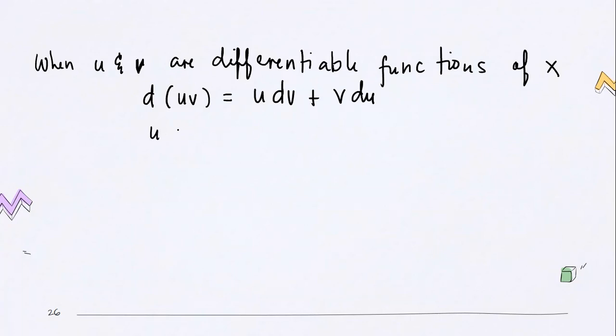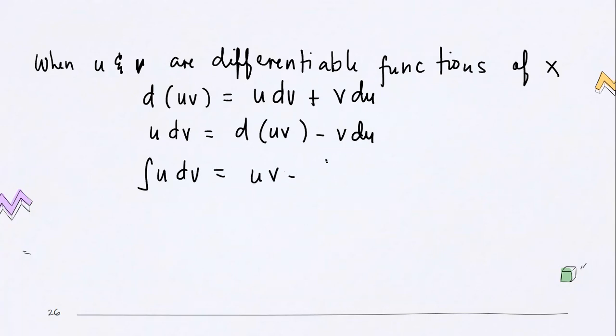And then u dv is equal to the derivative of uv minus v du. The integral of u dv is equal to uv minus the integral of v du.